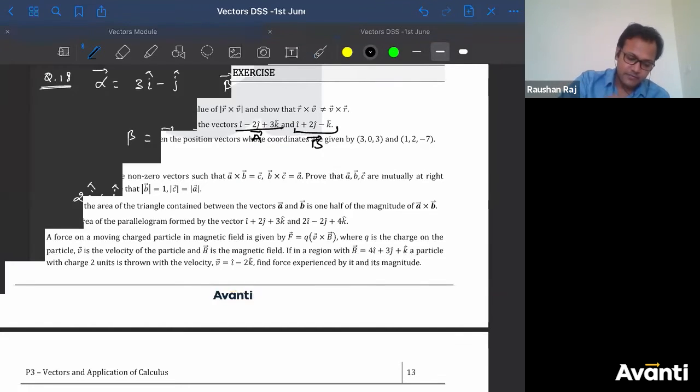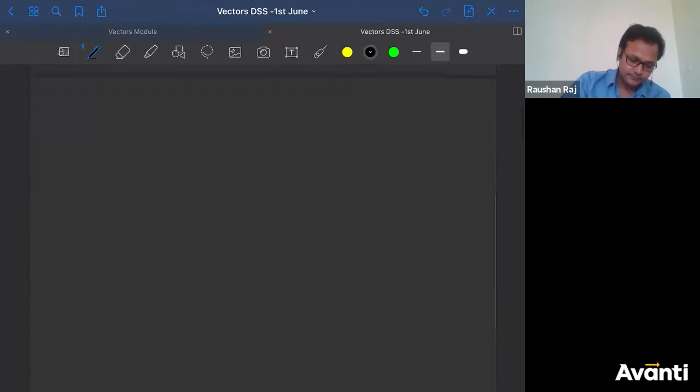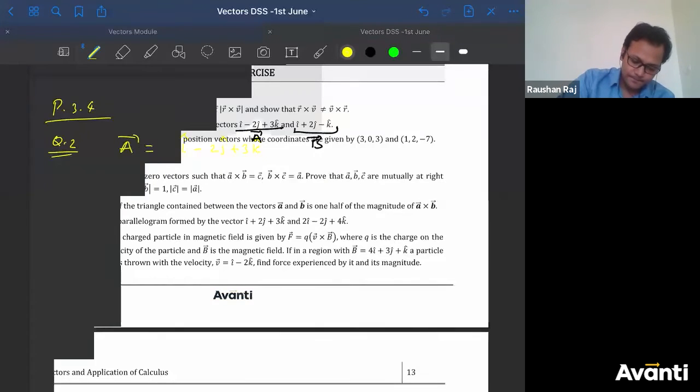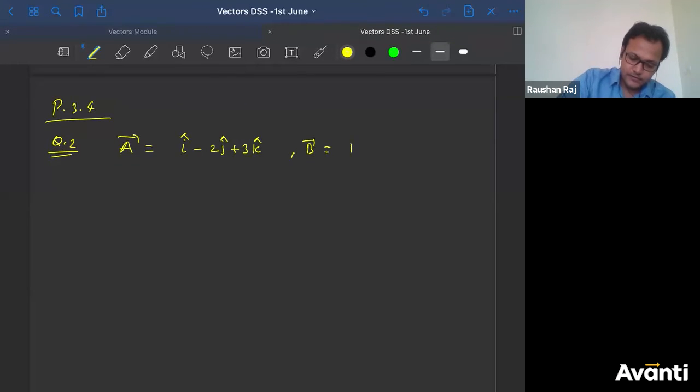So let us say vector A is i cap minus 2j cap plus 3k cap, then vector B is i cap plus 2j cap minus k cap. So consider these are the two vectors.